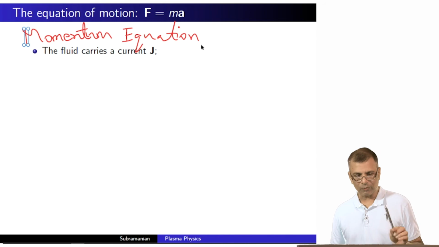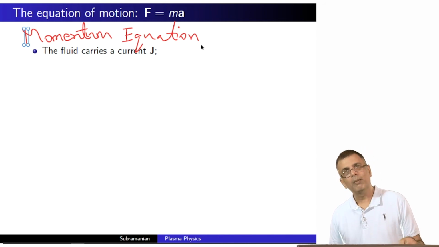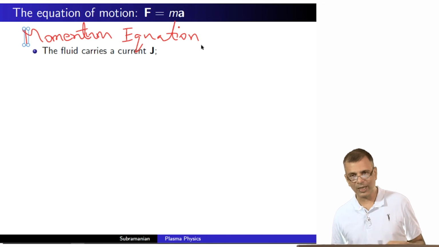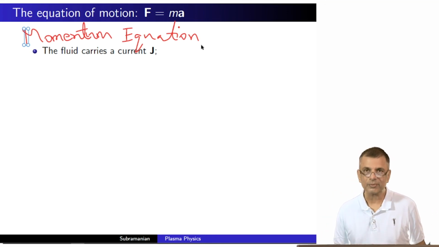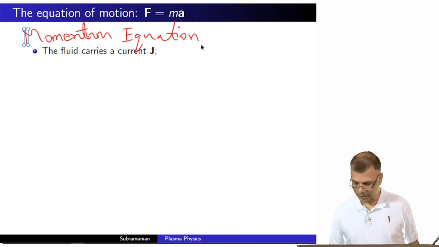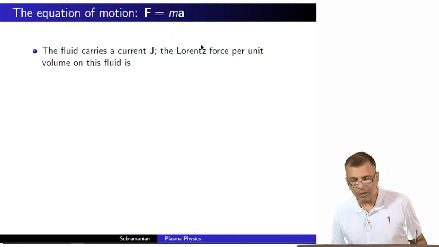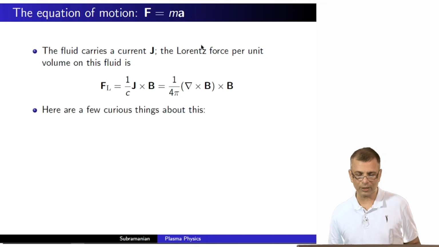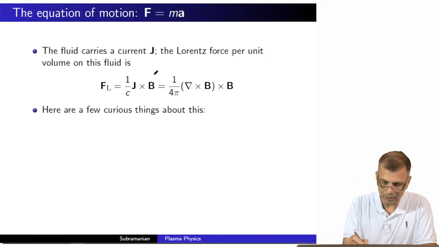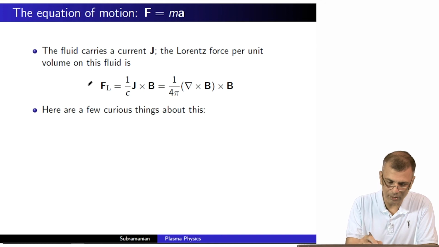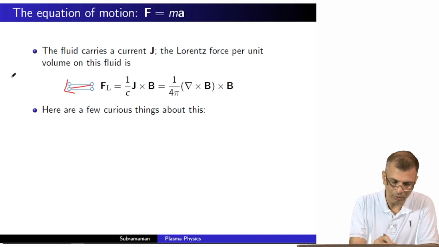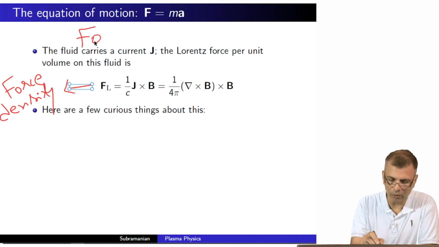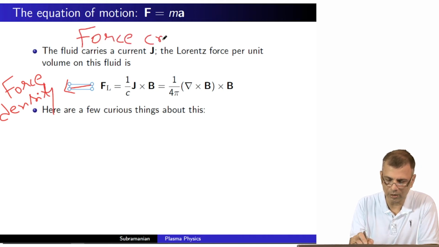So the fluid carries a current J. Mind you, what it simply means is that the fluid has a curl of B, because the current J is simply the curl of B. And the Lorentz force per unit volume on this fluid is simply J cross B. So this is the force density, in other words, force per centimeter cubed, and those are the dimensions of this.